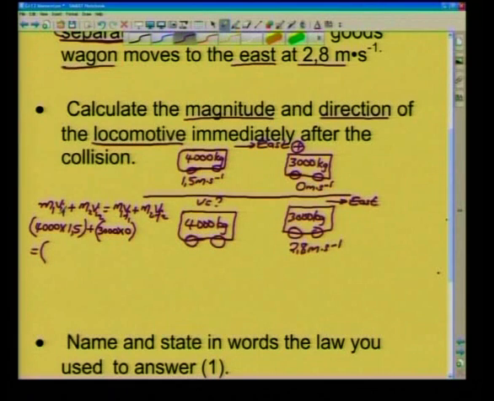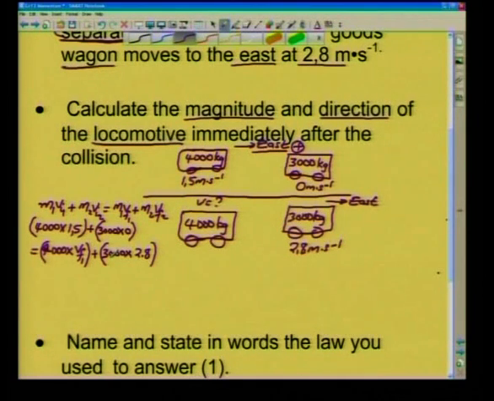And all this should be equal to mass of 1, 4,000, times final velocity of 1, which we don't know, plus mass of 2, which is 3,000, times velocity of 2, which we are given. That's the velocity of the goods wagon, 2.8. We are told it moves to the east, and because we're taking east to be positive, it will be 2.8.